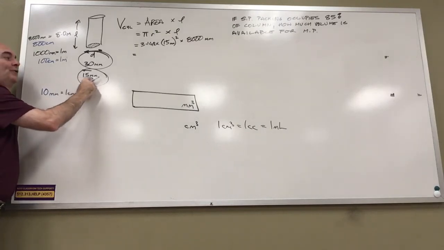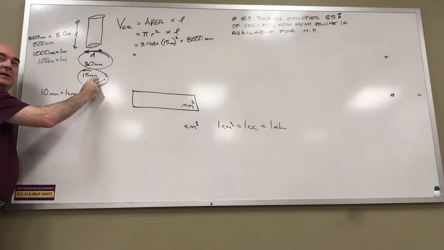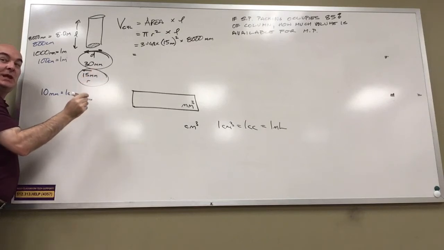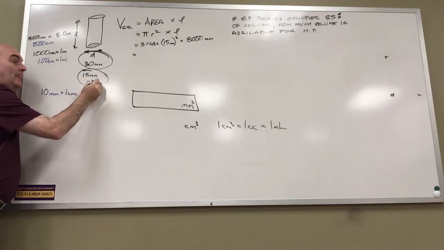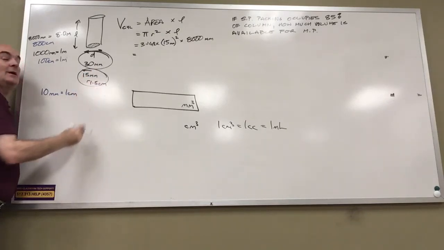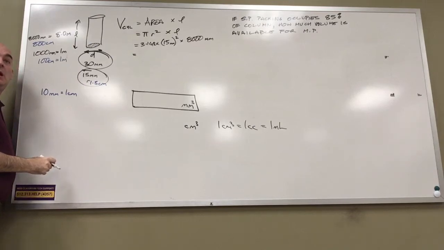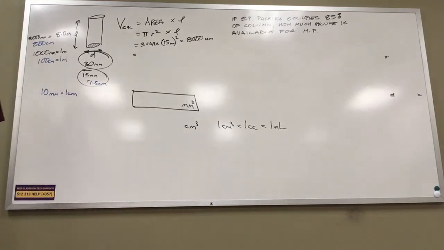So my 15 millimeters radius just became 1.5 centimeters. That was easy. And it gave me a volume that's now in cubic centimeters, which means I know what the milliliters are. And 1,000 milliliters is a liter. So this is going to be dramatically more useful for me.